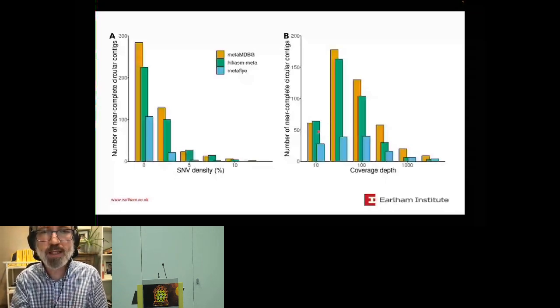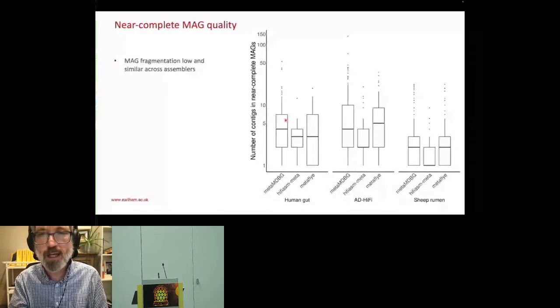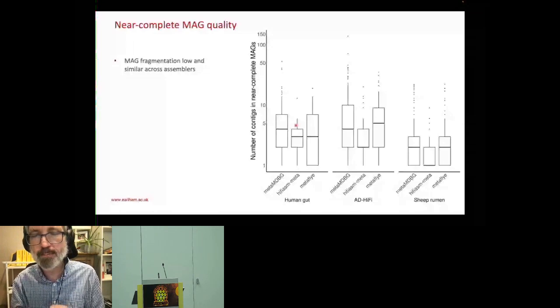In terms of the MAG quality, for those MAGs that weren't circularized, most MAGs were just in 3 or 4 different contigs, which is an incredible level of quality, but that was similar across assemblers. So there's no major difference in terms of number of contigs in near complete non-circular MAGs.